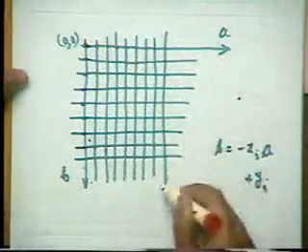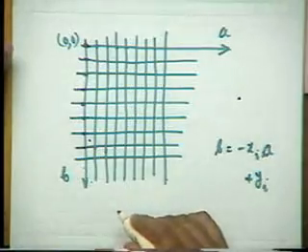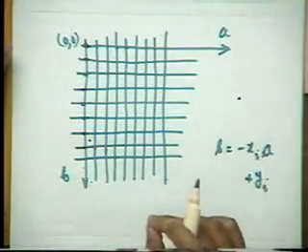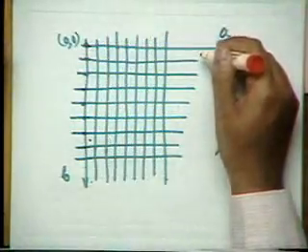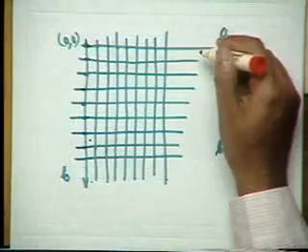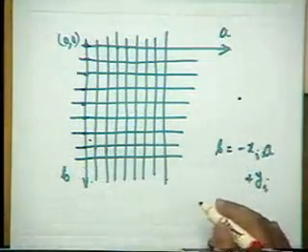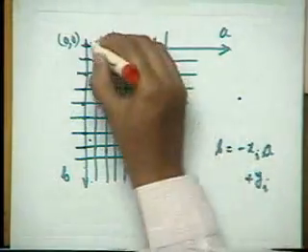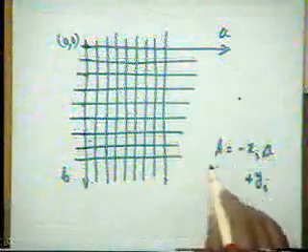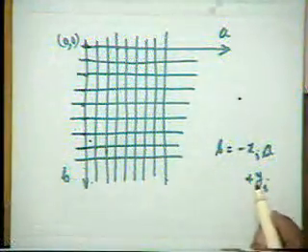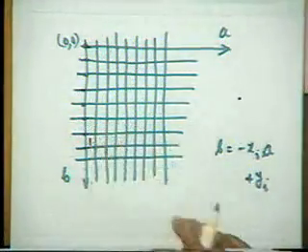Supposing we have divided this entire AB space into a large number of cells, with K partitions for A and L partitions for B. So we have divided the entire AB space into K times L cells. We choose a value of A equal to 1, calculate the corresponding value of B from this equation, and corresponding to that value of B we increment that cell.